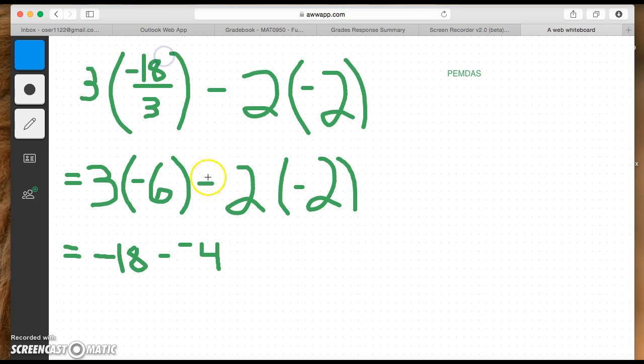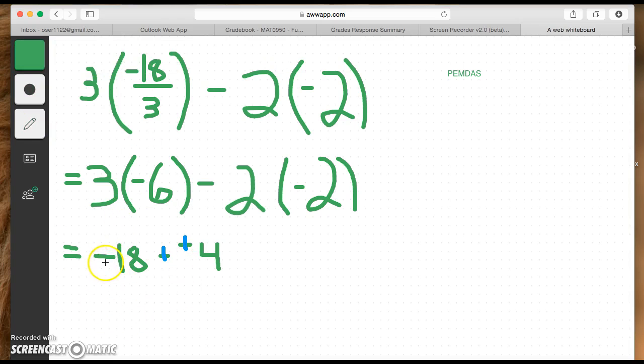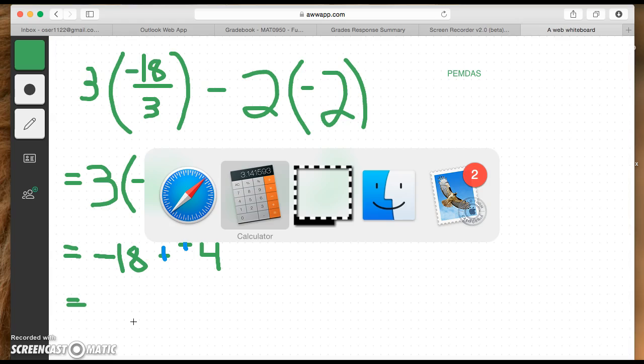So just like last time, remember guys that subtracting a negative is the same as adding a positive. So another way we can think about this is actually negative 18 plus a positive 4. So sometimes it's good to do this on your calculator just to make sure you're not making any mistakes.